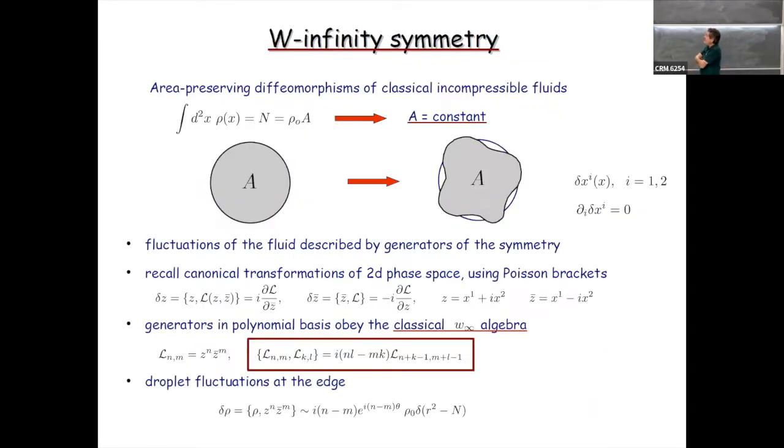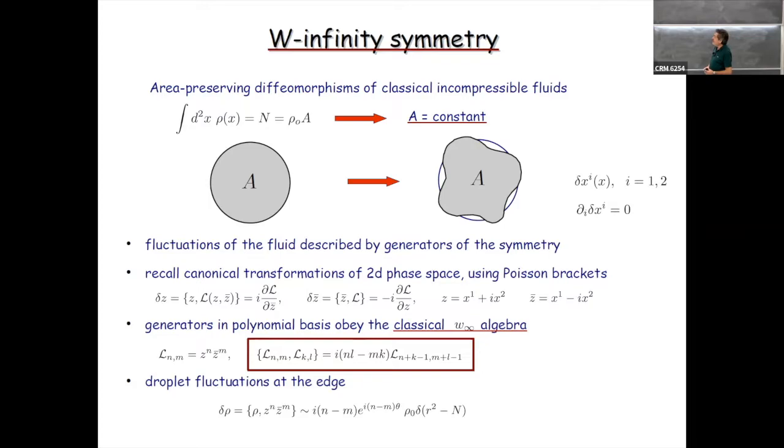The double infinity symmetry is the symmetry of the incompressible fluid under area-preserving diffeomorphisms of the plane. Because the density is constant, the number of electrons is constant, so the area is constant, okay? So the fluctuations of a droplet are just a deformation of the droplet.